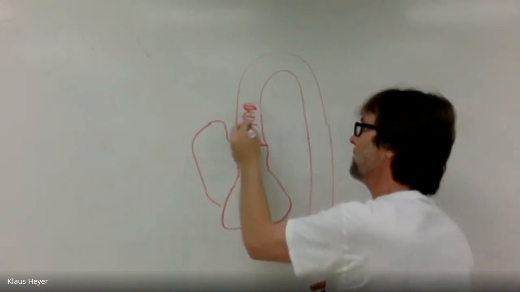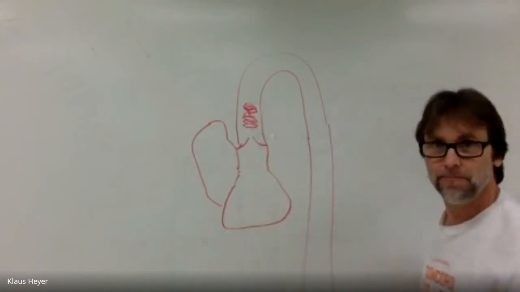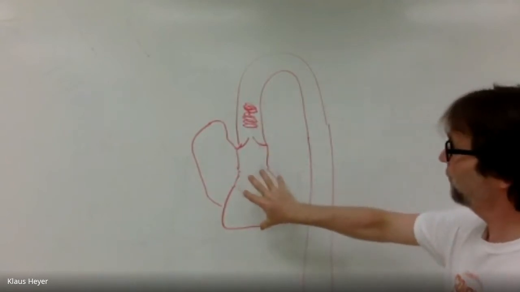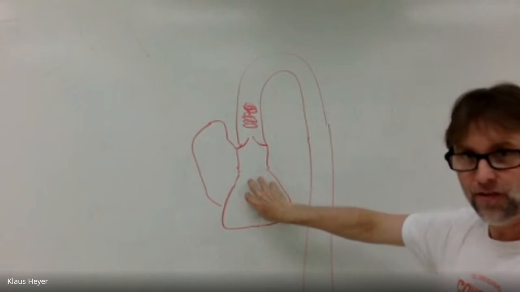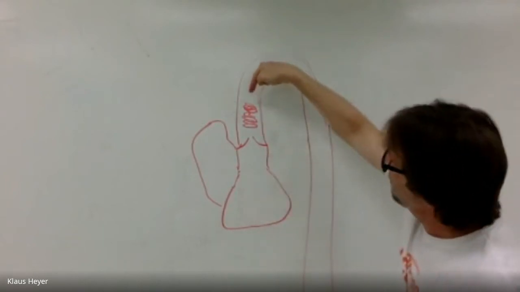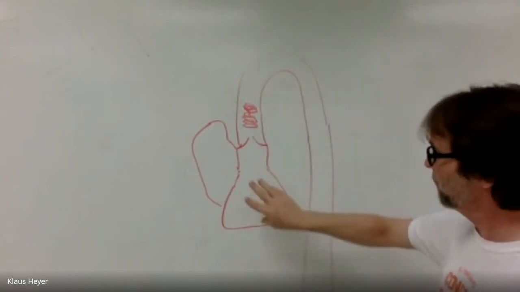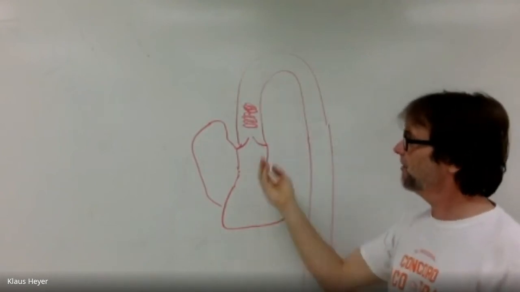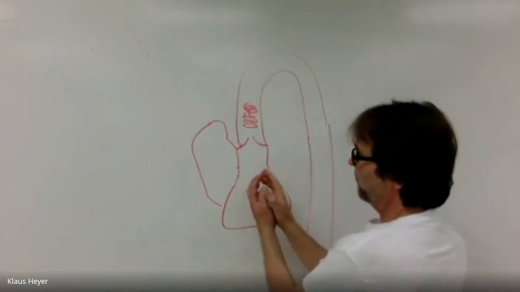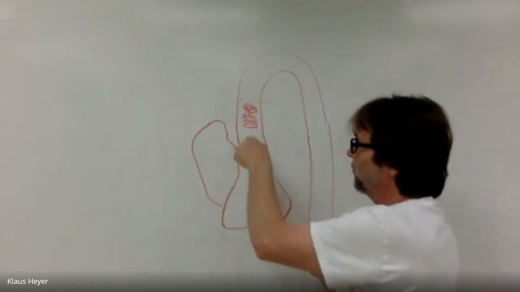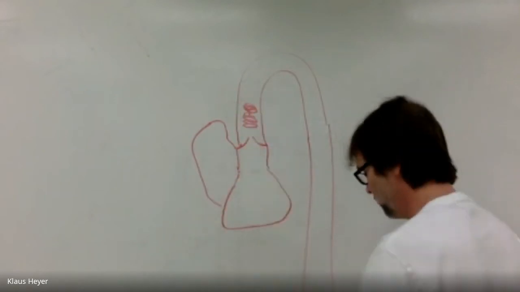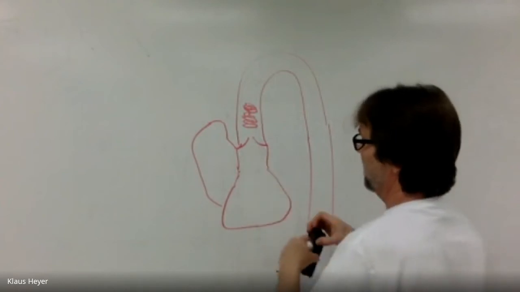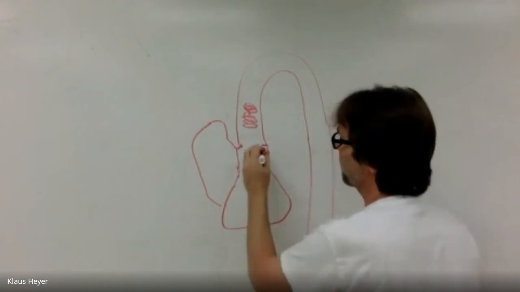As soon as this ventricle relaxes, this blood is going to try to drop back in because there's no pressure. You're not forcing it. You squeeze it and force it out. As soon as you relax it, it tries to go back in, and it's going to shut the aortic valve.